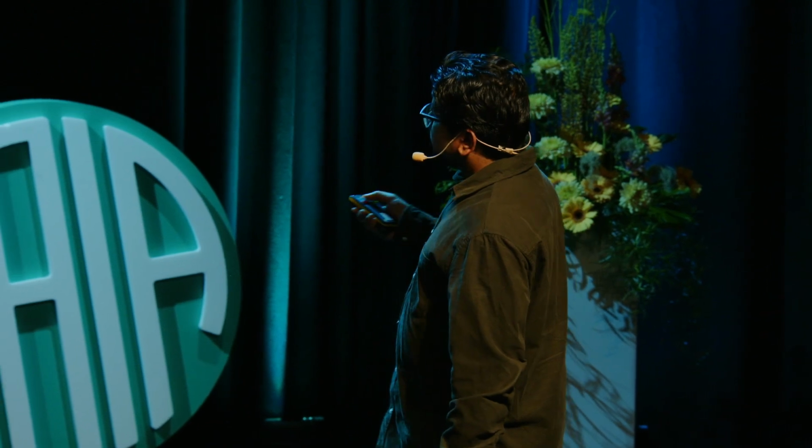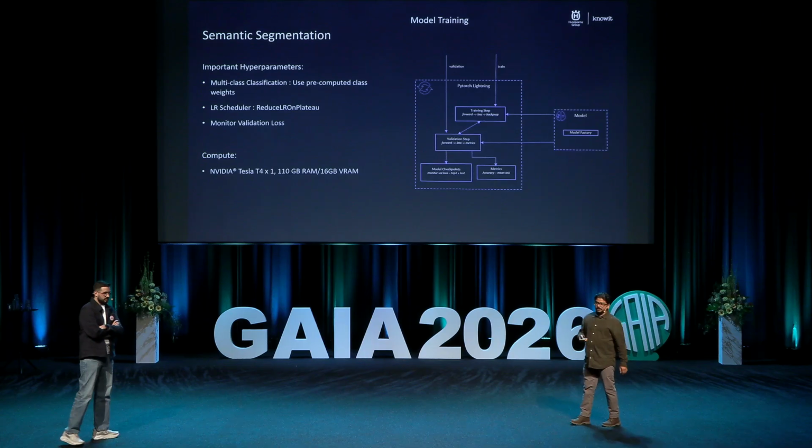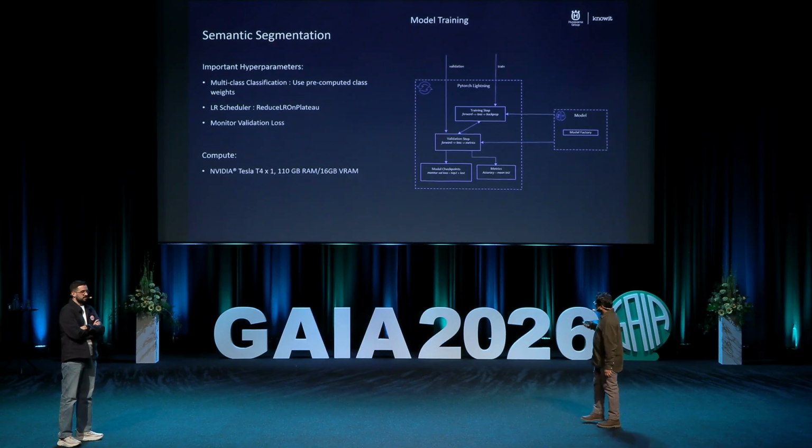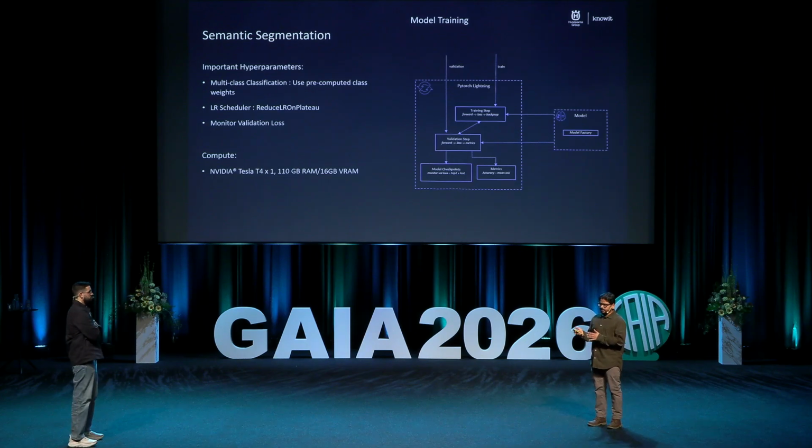And most importantly, I want to highlight the hyperparameters that helped us in getting a really good model at the end. One such is that we pre-compute the class weights. So basically, what Christos described, we have this classification problem, but it is also highly imbalanced.